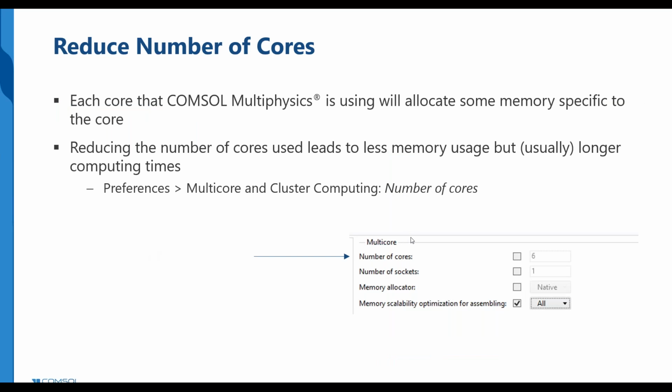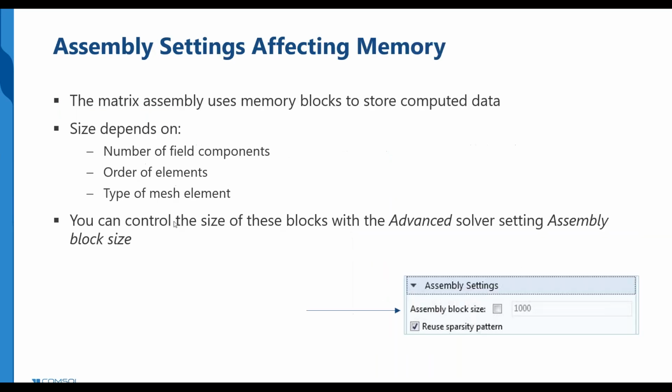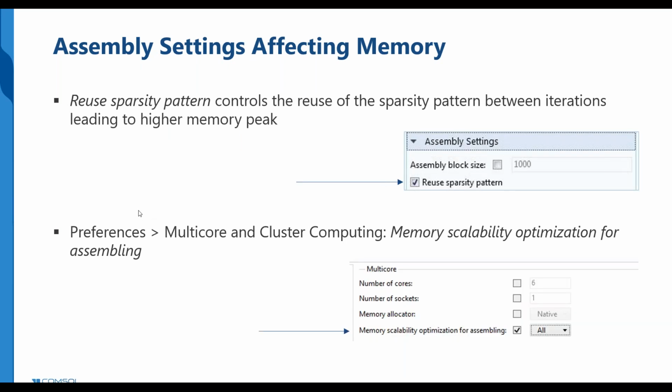You will have settings in the preferences for multi-core computing. You will have settings on the advanced solver node for how to assemble, both the block size and the use of the sparsity pattern. You have a new option in 5.6 to use something called memory scalability optimization for assembling, which, if you're using many cores, can also save memory.